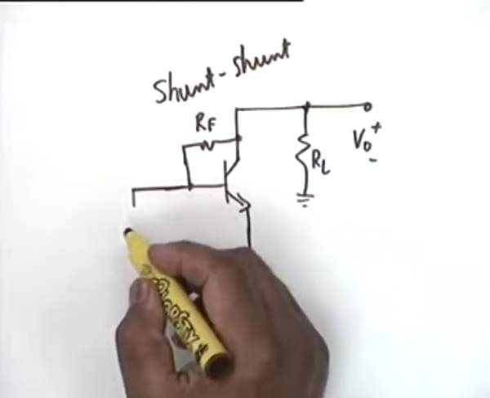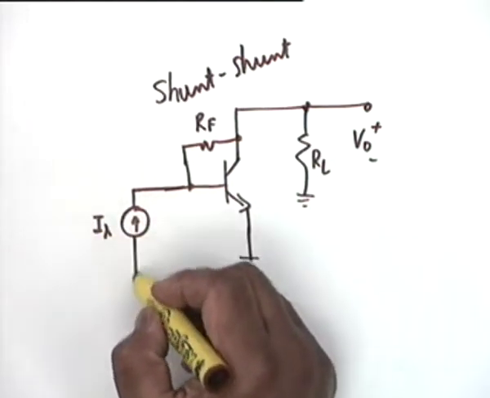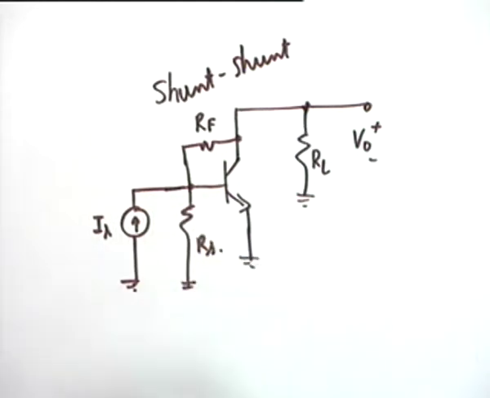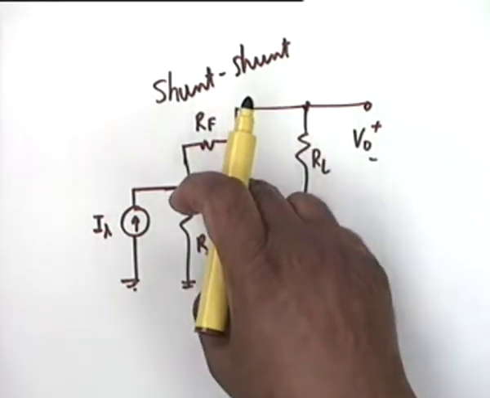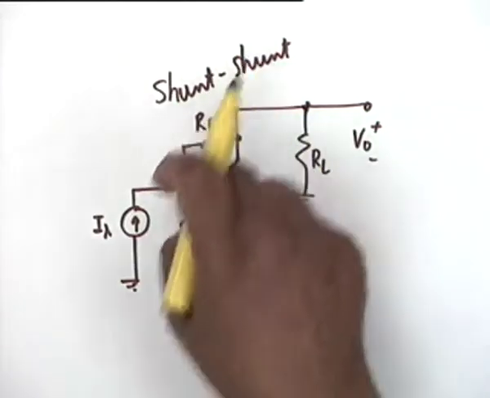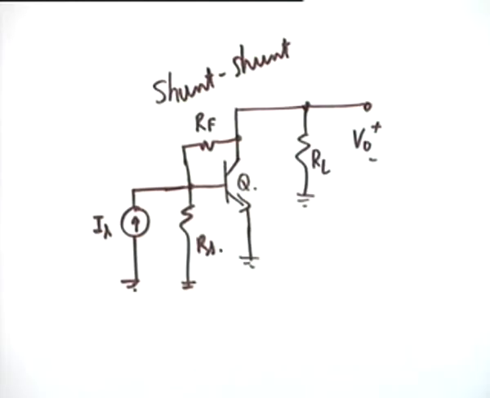So I will model the source as a current source IS and a resistance RS. Do I require a resistance here between the base and the emitter? No, I don't, because my RF supplies that. So this is my simple local feedback circuit.